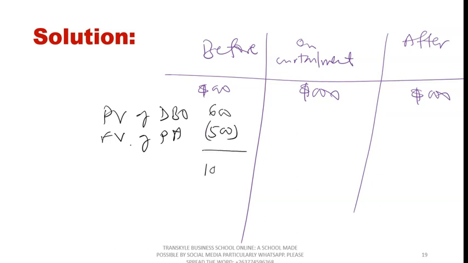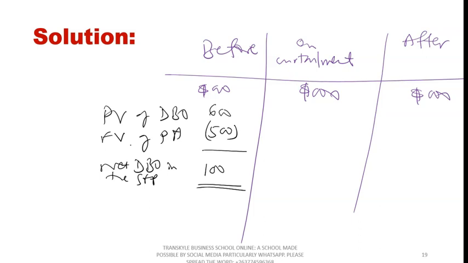So obviously this should be the net DBO in the SFP, that's the net defined benefit obligation. So this was the position before any curtailment.